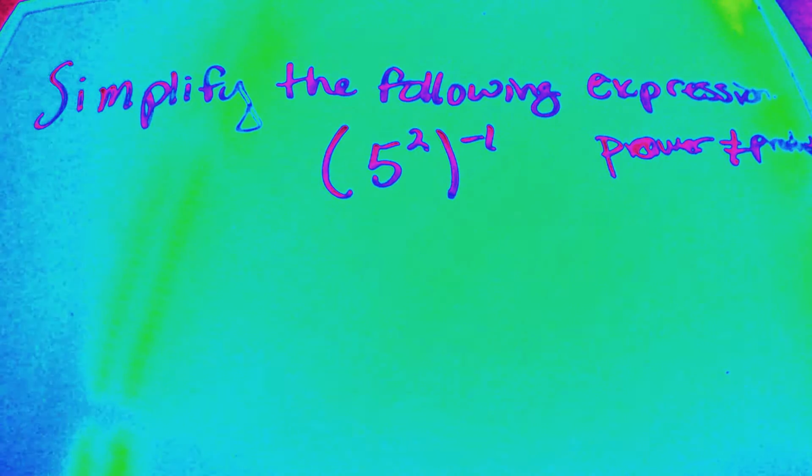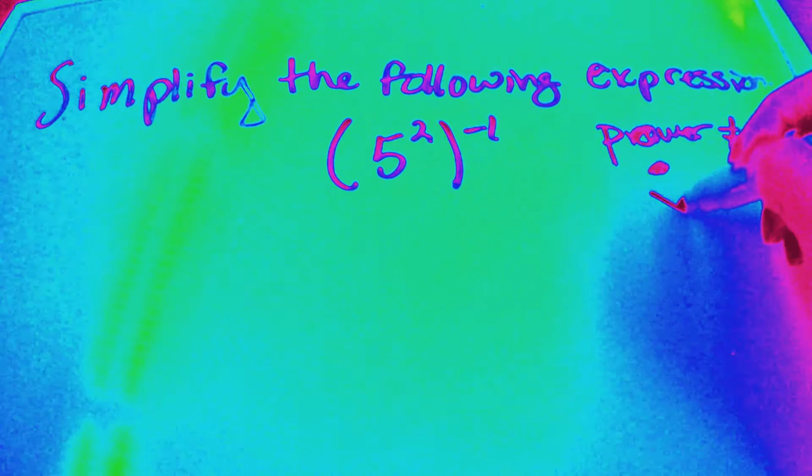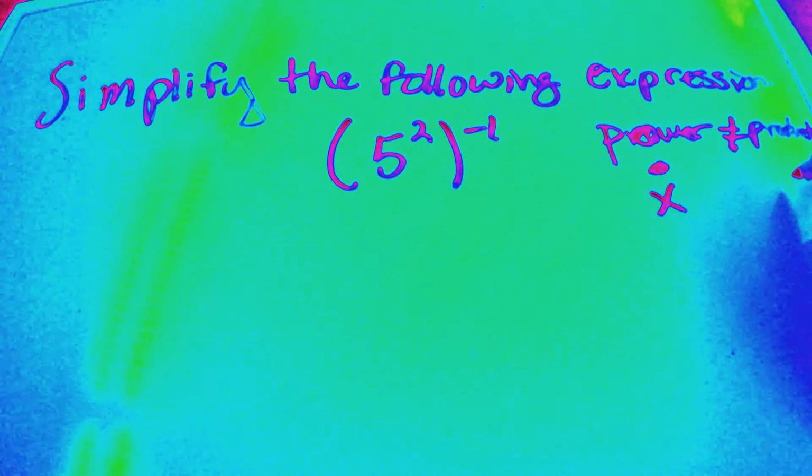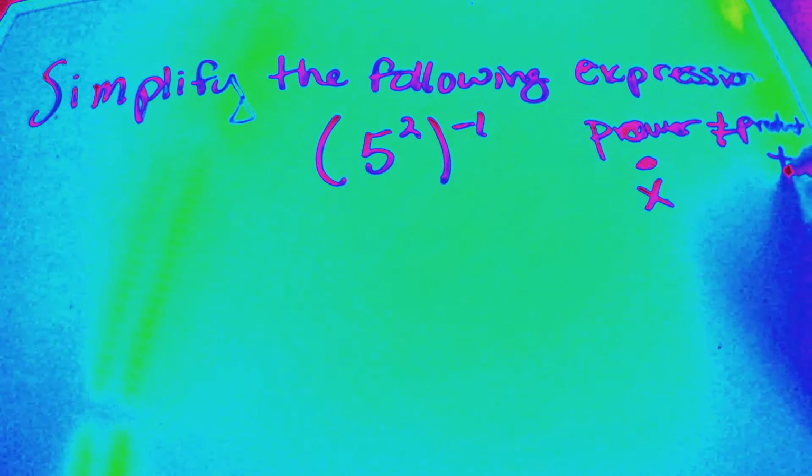Power rule is not product rule. You guys know I have bad handwriting, so don't make fun of me. But please remember that. Do not get them mixed up. With the power rule, we are multiplying, and with the product rule, we are adding.